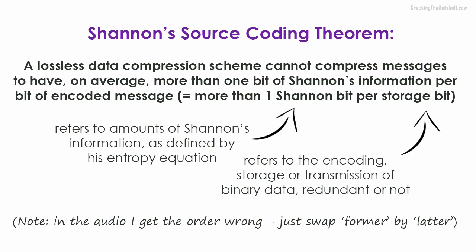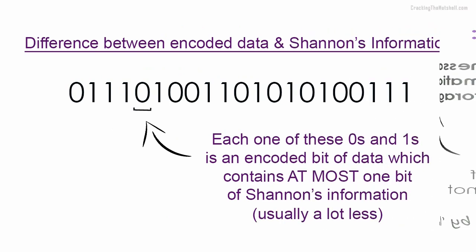Well, now you know that these bits are different kinds of bits, in the sense that they represent different concepts. The former refers to the encoding, storage, or transmission of binary data, redundant or not, whereas the latter refers to amounts of Shannon's information, as defined by his entropy equation. An encoded bit of data contains, at most, 1 bit of Shannon's information, usually a lot less.